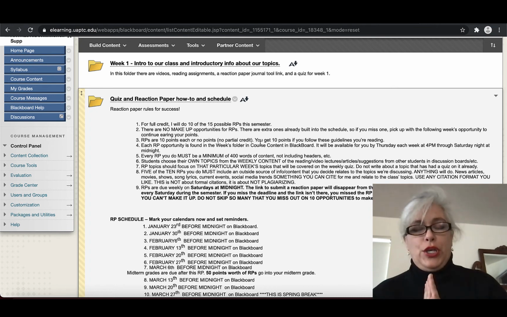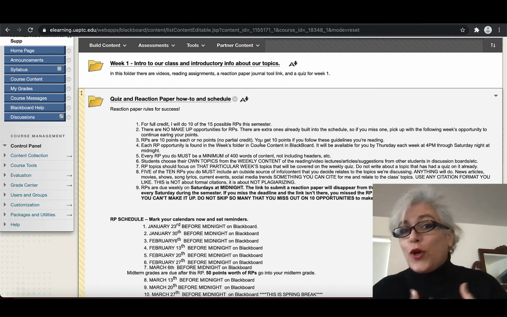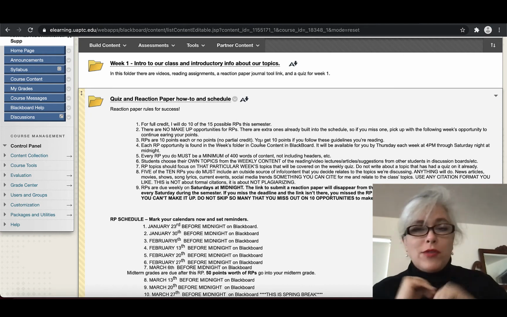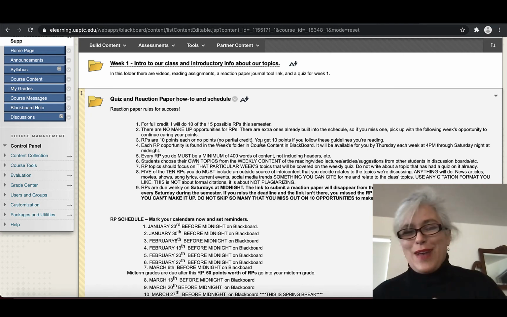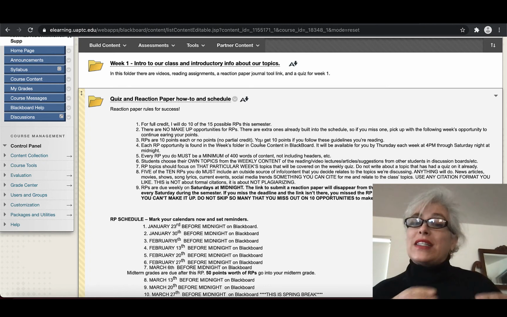Personal feedback to you if you miss the mark. I give feedback for every single reaction paper, whether they are stellar or whether they miss the mark. I give you feedback for that because this is your personal interaction time with me. I'm the only one reading these reaction papers, so you can spill your guts with these reaction papers and talk about the topics that we are discussing in class.